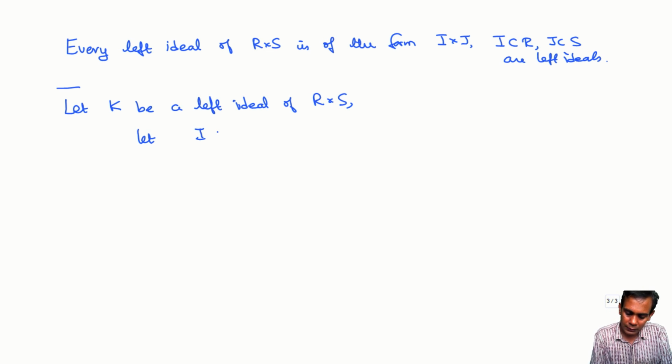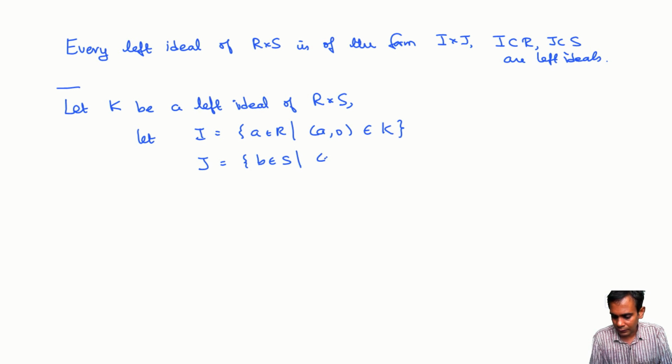So let I just be the set of all a in R such that (a, 0) belongs to K. And let J be the set of all b in S such that (0, b) belongs to K. Now it's not hard to see that I and J are left ideals of R and S respectively, because if you take any element r of R and look at ra in R, then (ra, 0) will also be in K, because it is (r, 1) times (a, 0).